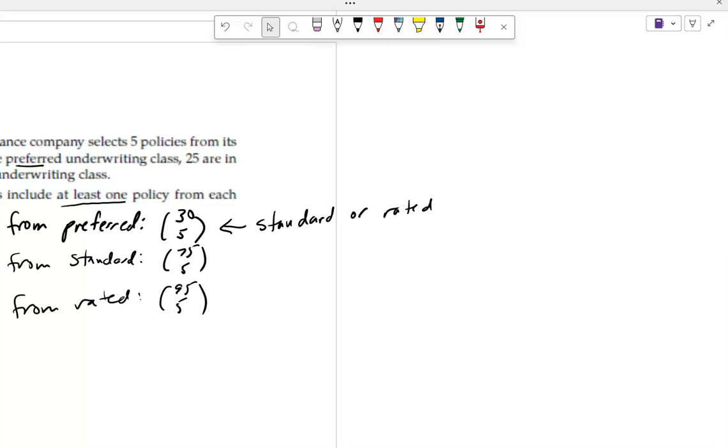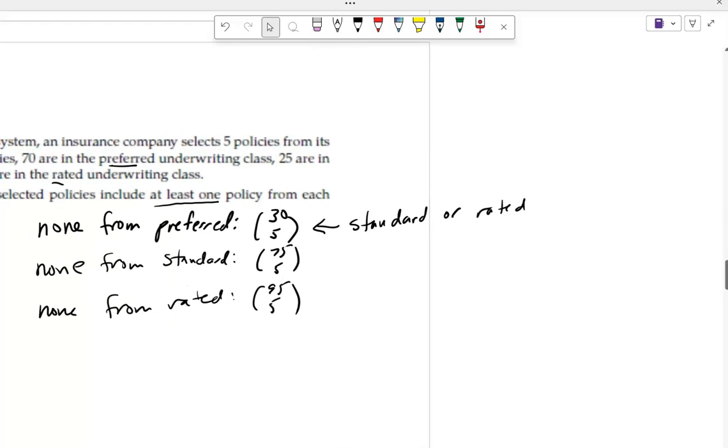So that 30 choose 5 that we have there really can be thought of as those two pieces. I think we can probably get that 30 choose 5 in a different way. But the idea here is that I need to make sure that I'm not double counting.